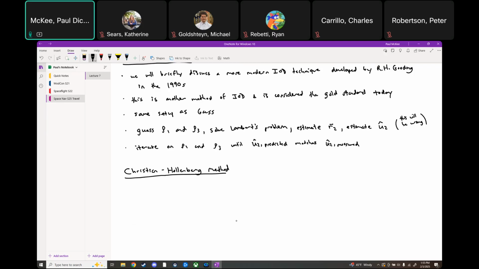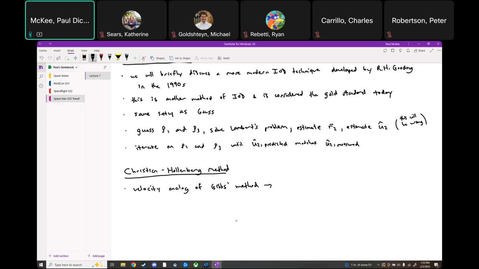So this is the velocity analog of Gibbs method. So with new measurement techniques and new sensors, it's not out of the question that we might actually have 3 velocities and want a position rather than 3 positions and want a velocity.